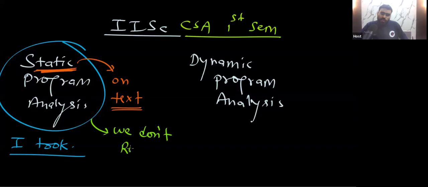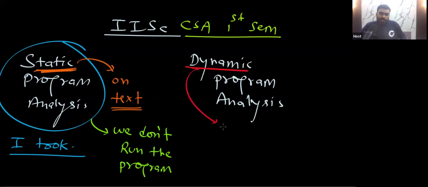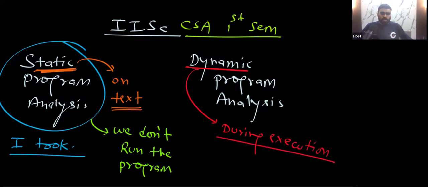And in the dynamic course, the analysis happens dynamically, meaning analysis happens during execution. Did you understand the difference between these two courses? You can check it out in ISC CSA, first or second semester; these two courses are offered.